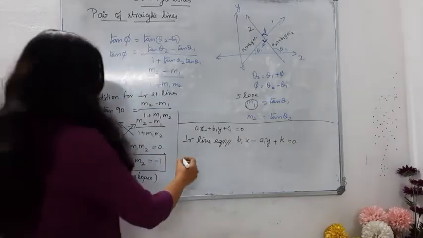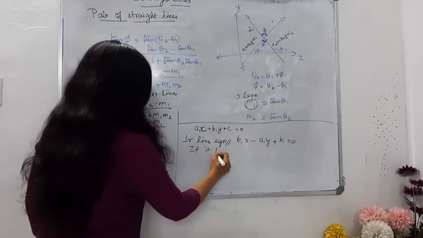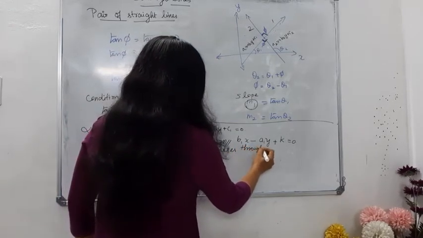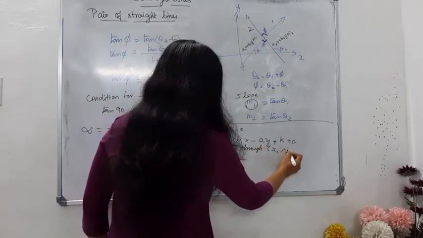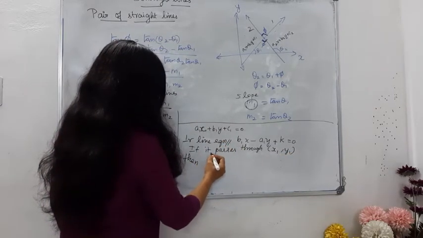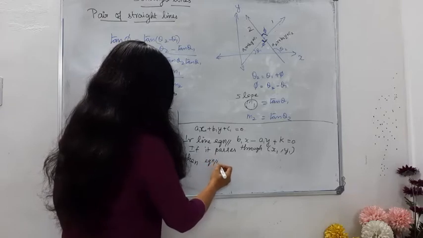Okay. Suppose it passes through some point x1 comma y1, then the equation may be like this.